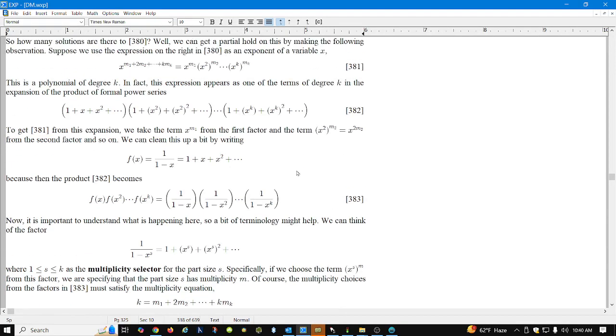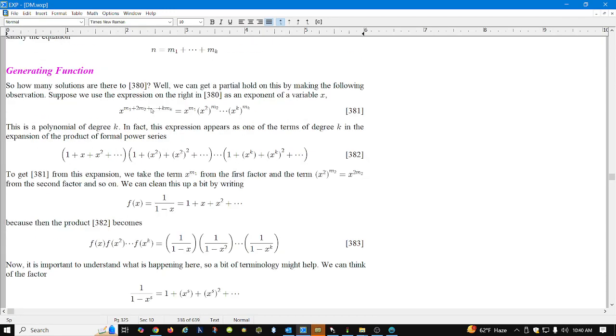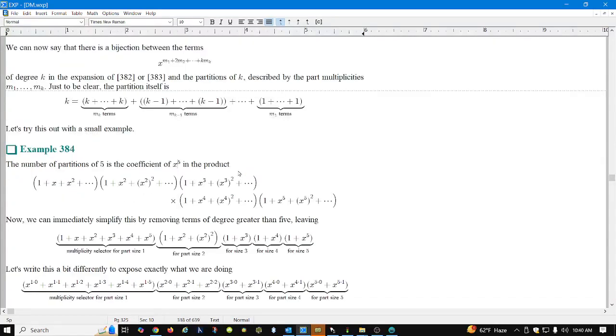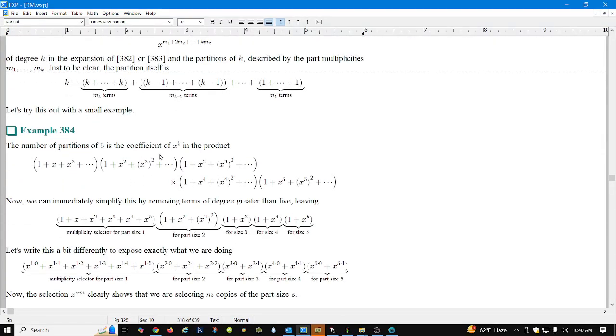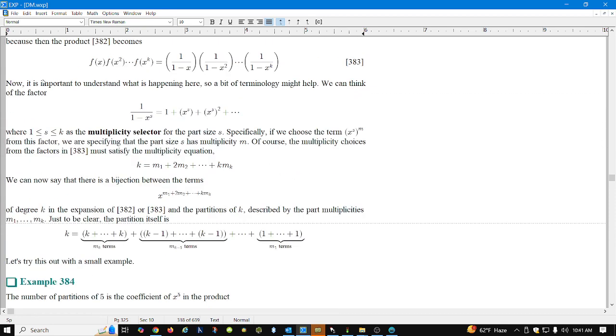So this is the same as this, but for k equals 5. So we have 5 factors. This is f of x, this is f of x squared, f of x cubed, f of x to the 4th, f of x to the 5th. That's also right here.